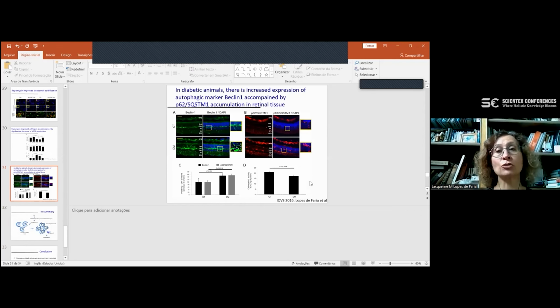And this is also true, not only in cells, but also in retinal tissue. In the control animals, we see the expression of Beclin because there is a normal turnover of organelles and other debris inside the retina through autophagy, but this is pretty much increased in the presence of experimentally induced diabetes.